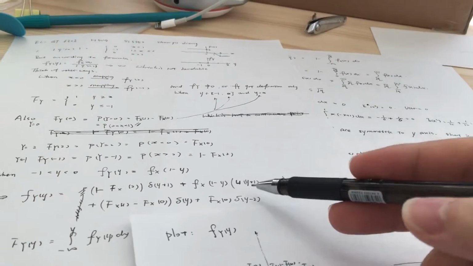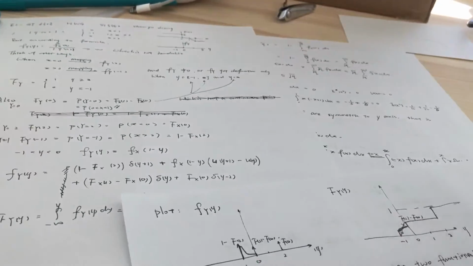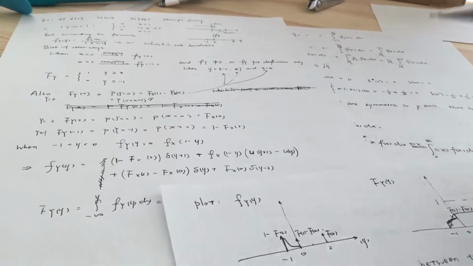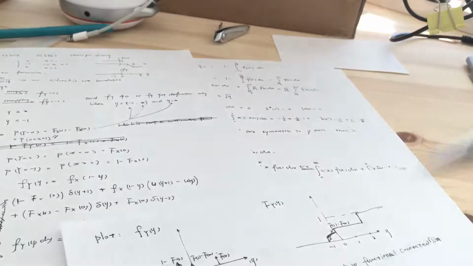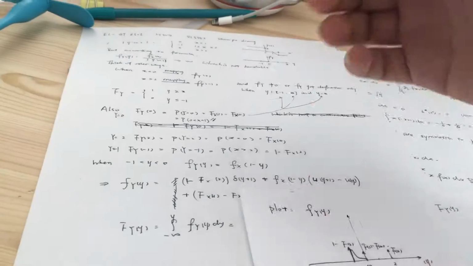In the interval from minus 1 to 0, it's the same as the graph of x in that interval.